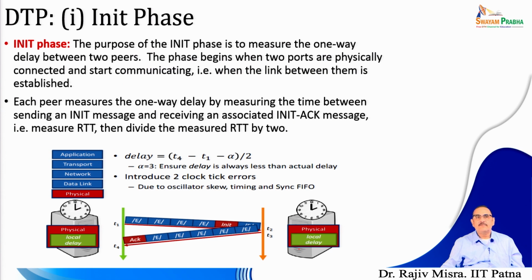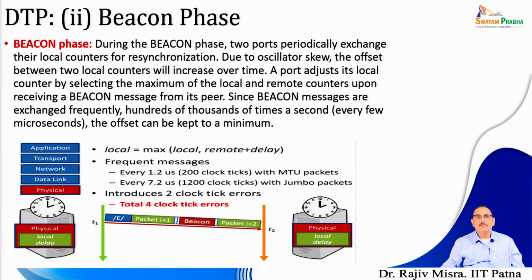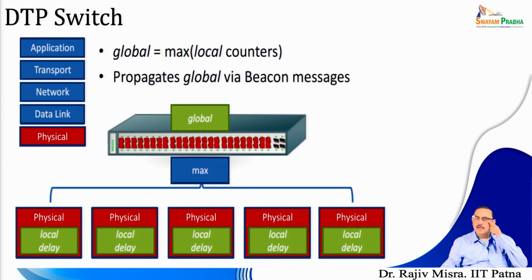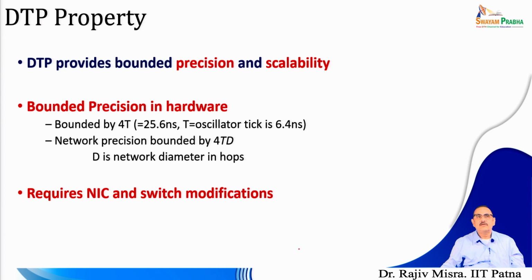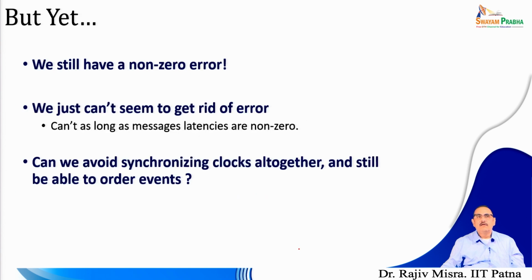So, this is the initialization phase, where we have already seen the delay computation, and then there is a beacon phase, and it also takes the data center time protocol switches into consideration, and then the DTP properties, which are bounded precision and scalability. And we can see that all these methods have a non-zero error even after the clock synchronization is done.